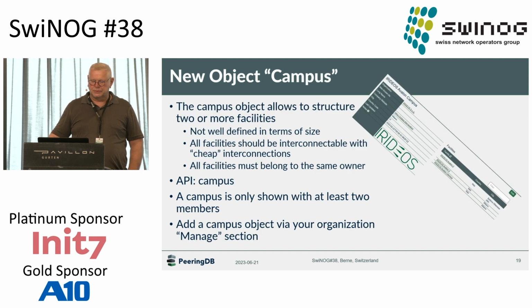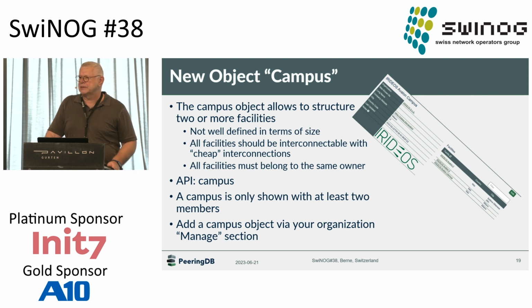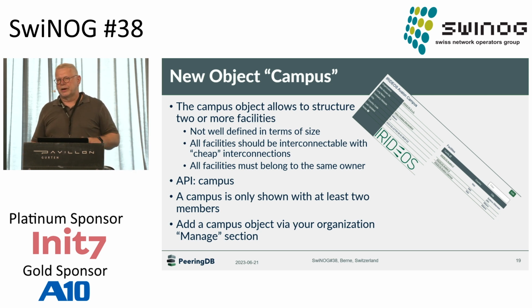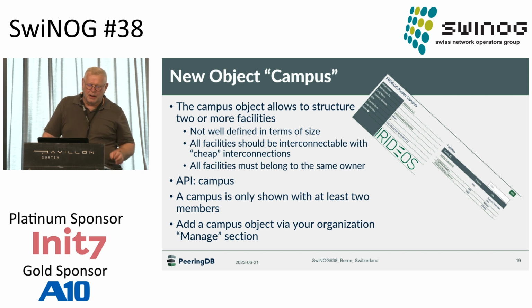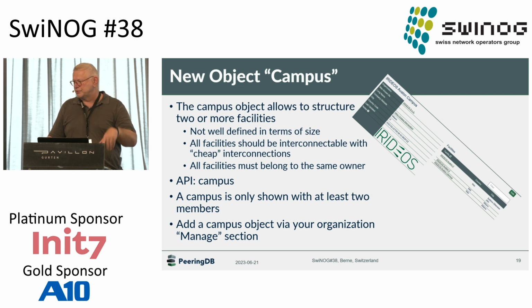Also, not really a new object, but what we did is campus. There are several facility operators which have nearby data centers, and for whatever reasons, they say this is my Zurich 1, this is my Zurich 2, this is my Zurich 3, and they are really close to each other.